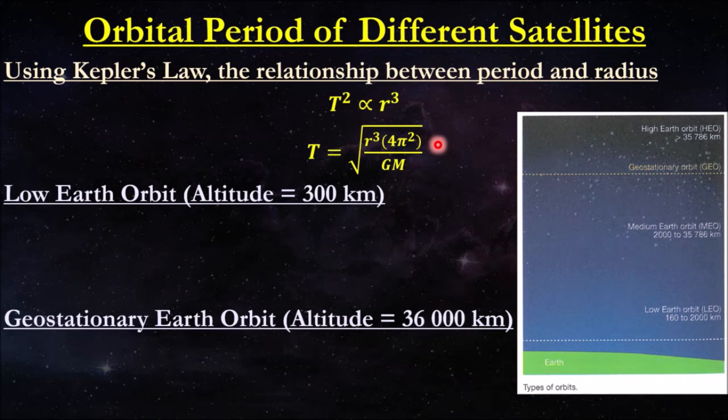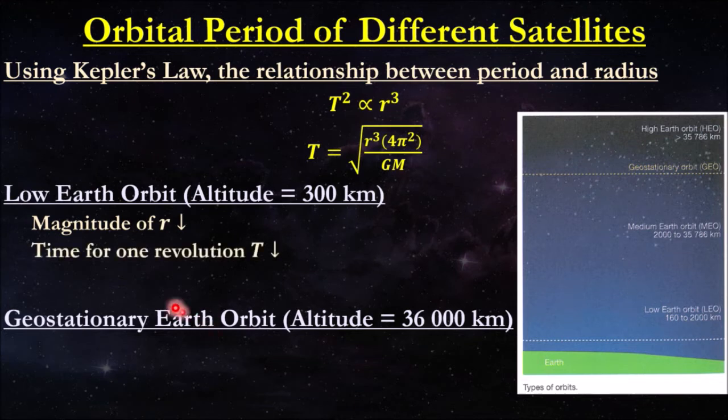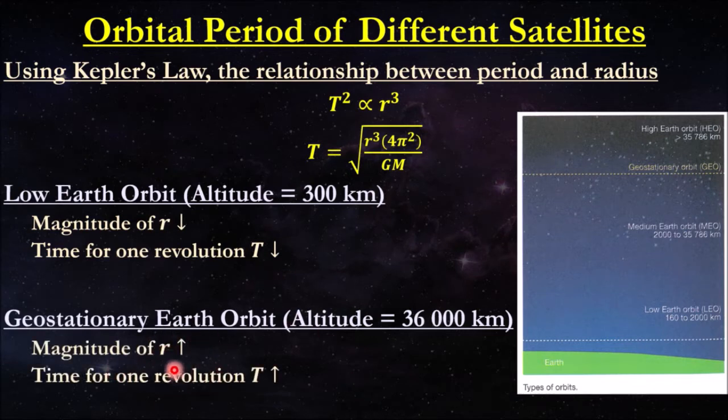So if the orbital radius of the low Earth orbit is smaller than our geostationary Earth orbit, then we also expect the time it takes to rotate once around Earth to be shorter. And that makes sense too, because if we're traveling at a faster velocity, tangentially speaking, the time it takes to rotate should also be shorter. So our geostationary orbit, because it has a larger radius, would also have a longer period for that one rotation.